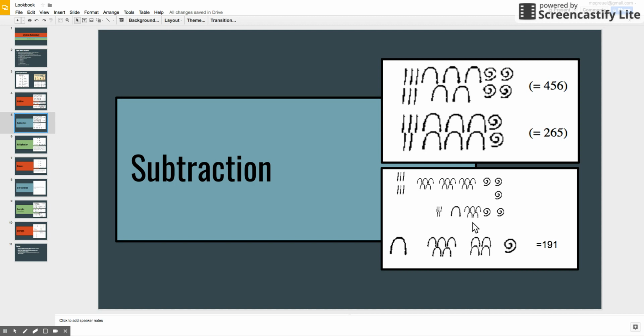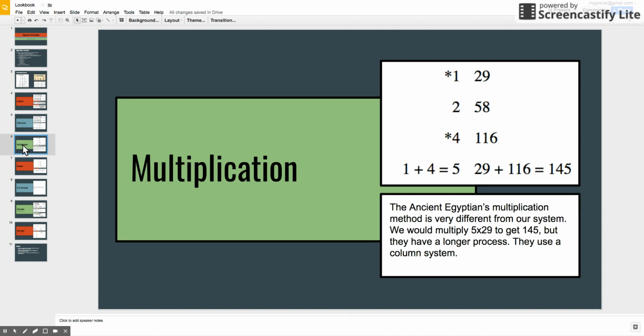And 15 minus 6 would be 9 heel bones. And then because there's 1 less staff, that would be the 191 that you see there. So you just make sure that everything is equal or of greater value in the top, and then you can subtract normally.